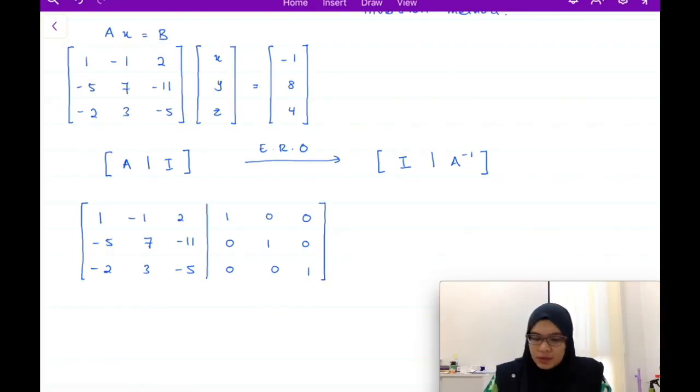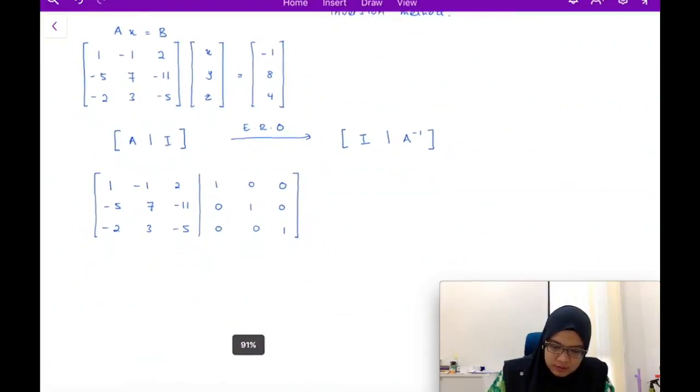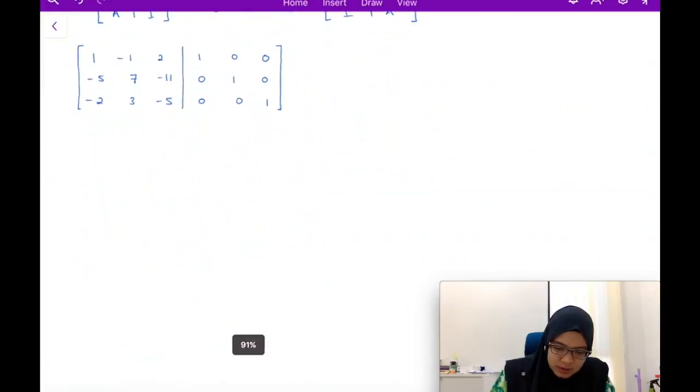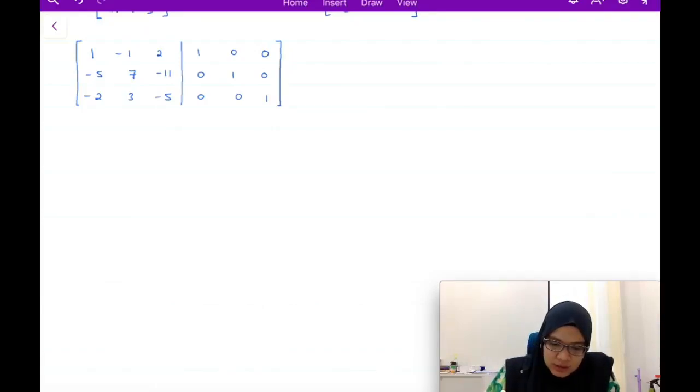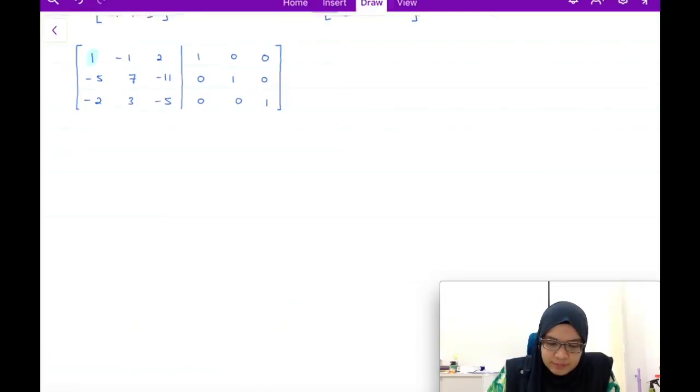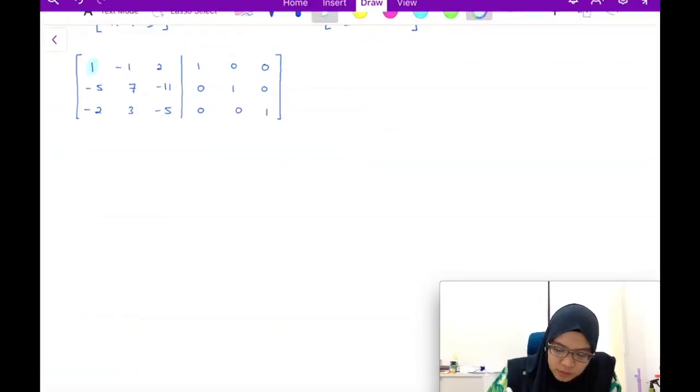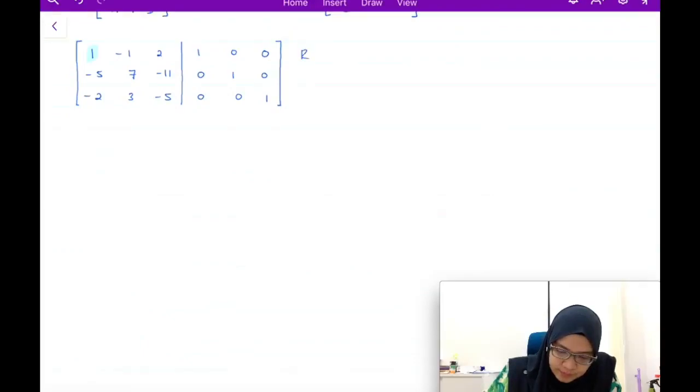Since the first entry is already in its pivot position, we need to reduce row 2 and row 3. We take row 2 and add 5 times row 1, applying that to row 2.